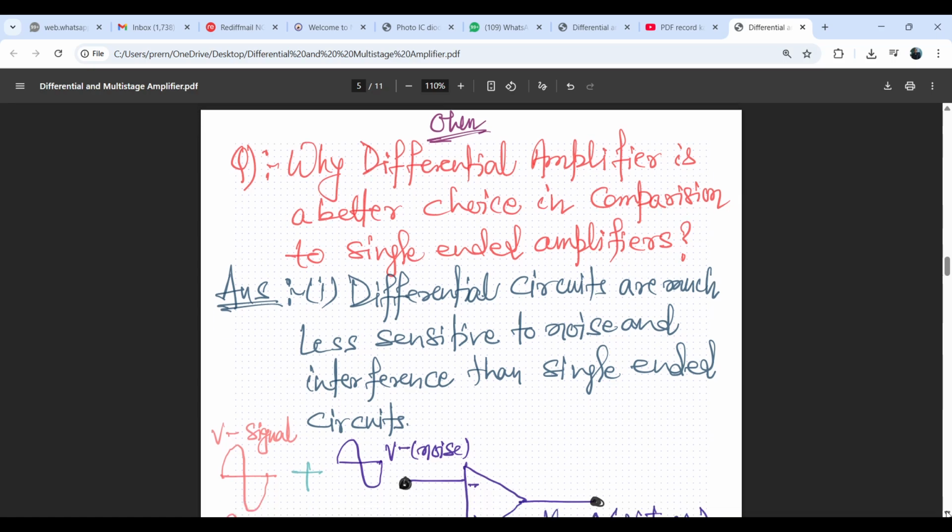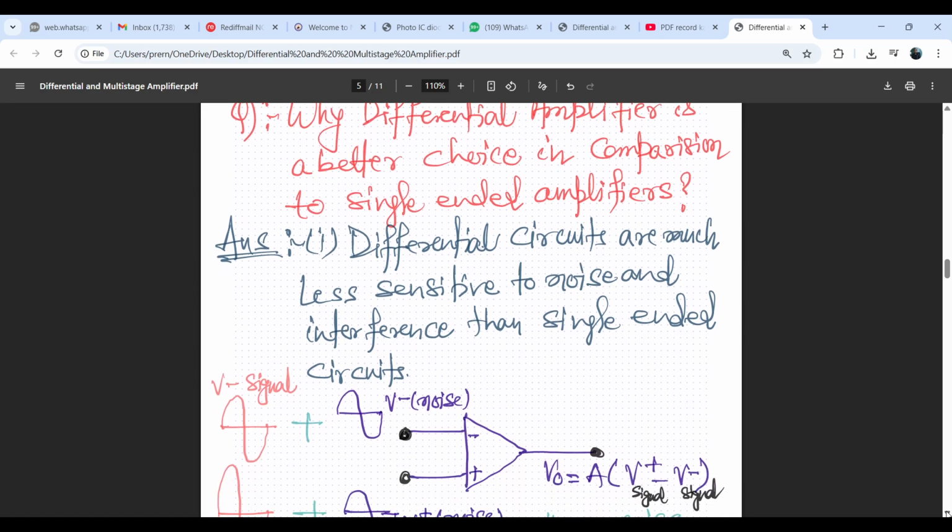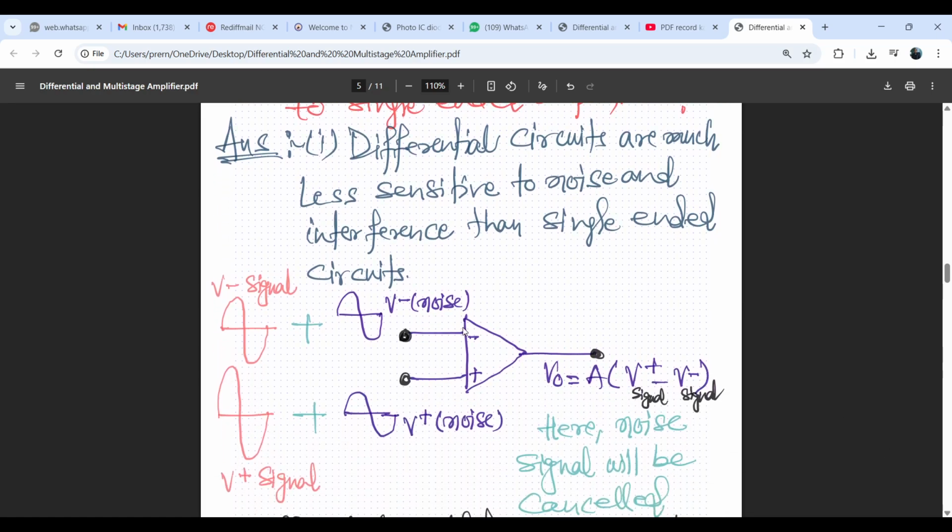The answer is differential circuits are much less sensitive to noise and interference than single-ended circuits. See, this one is an op amp and we are giving some signal, say Vi, to the inverting input and V plus signal to the non-inverting input, and some noise is there.